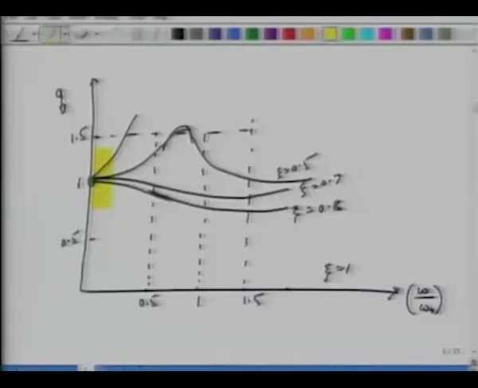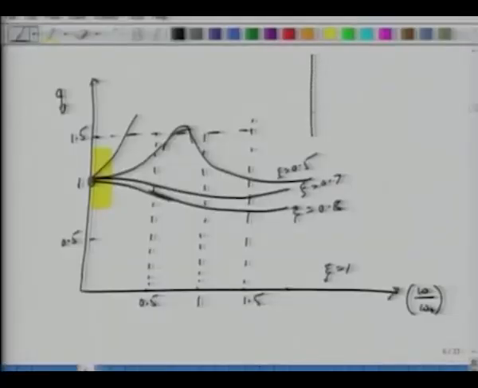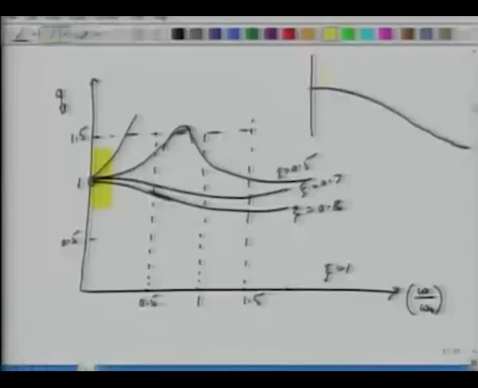So after 1.5 they also seem to be flatter. So this is a better looking curve, should be something like this. Something like that. Does not become very asymptotic. Okay, but it is still flatter in this range.